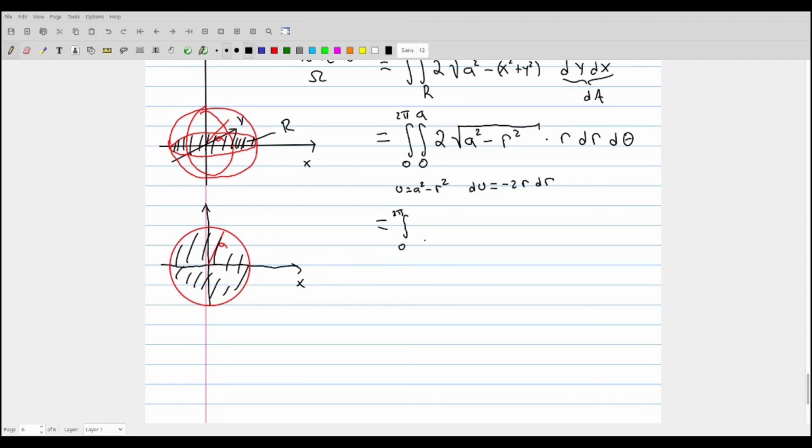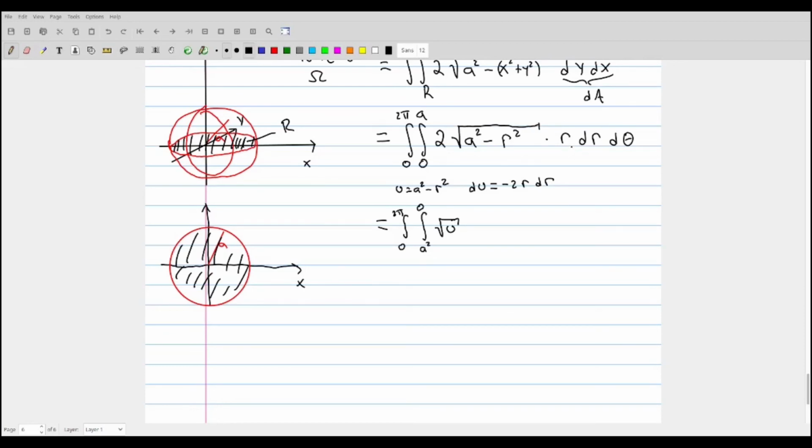This is the integral from 0 to 2 pi. And then the lower bound is when r is equal to 0. So that means that u is equal to a squared. And when r is equal to a, you get that u is equal to a squared minus a squared, which is 0. This will be times the square root of u.